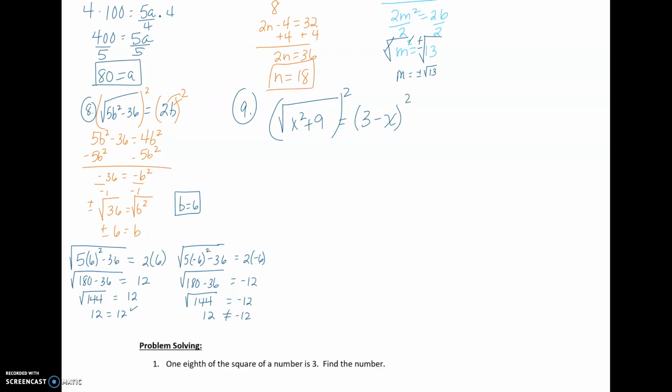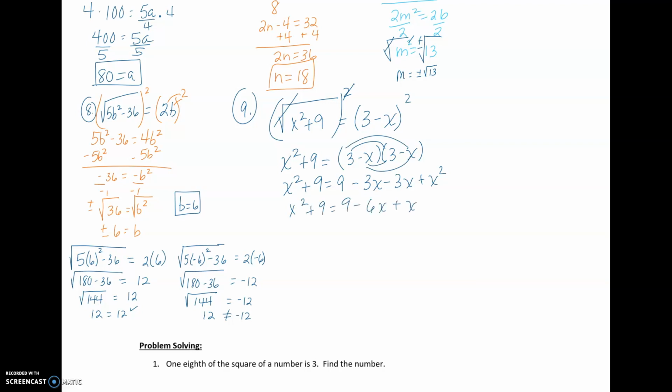Okay, so when I square this radical, it comes off, so I get x squared plus 9 equals 3 minus x times 3 minus x, which means I'm going to FOIL. So I get x squared plus 9 equals 9 minus 3x plus x squared, because remember, it's first, outer, inner, last. So x squared plus 9 equals 9 minus 6x plus x squared.